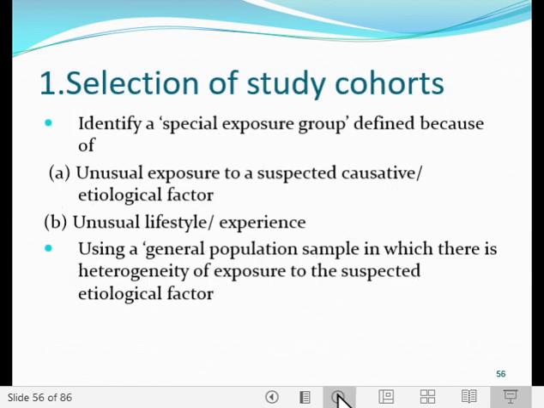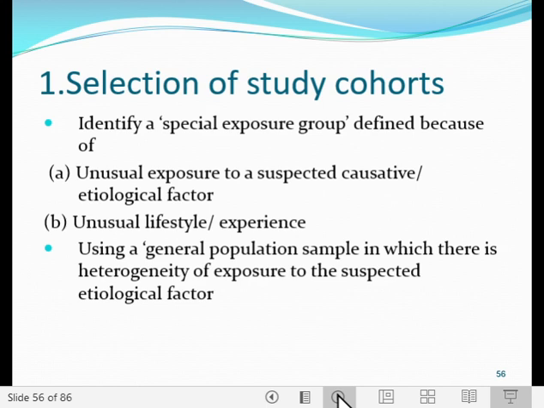The first step of cohort study is selection of study cohorts. That is, you identify a special exposure group defined because of unusual exposure to a suspected causative etiological factor or unusual lifestyle or experience, or you use a general population sample in which there is heterogeneity of exposure to the suspected etiological factor.